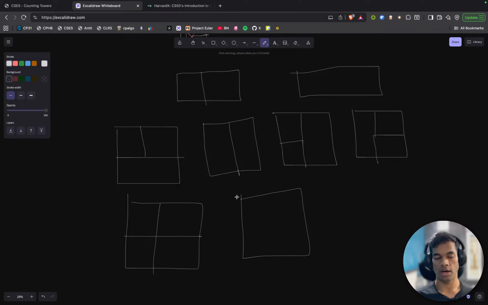And are there any other possibilities when there is a line on the top row?